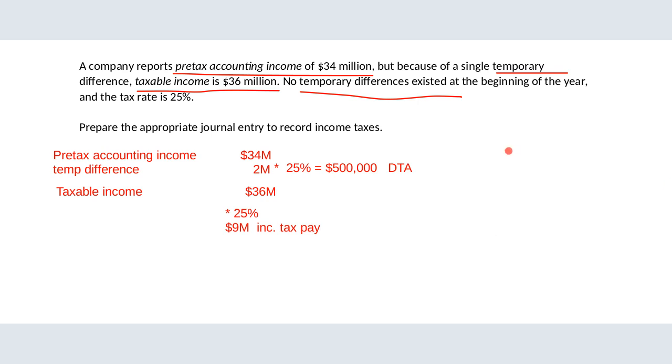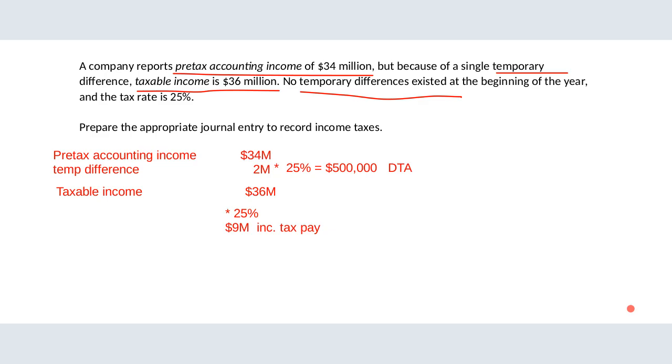So this is a different entry only because we have an asset instead of a liability, but everything else is the same logic. So we have our income tax expense, which in this case is going to be 8,500,000.